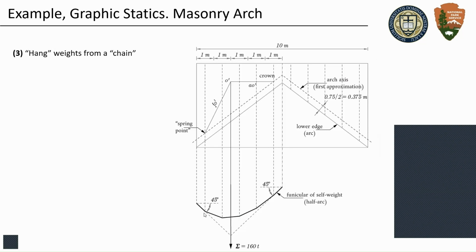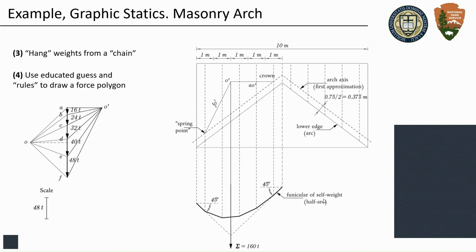I hang them here, and this is the shape that that chain will take. Now, we can go through methods, but this is basically educated guessing or rules. We're going to draw the force polygon for these forces here.